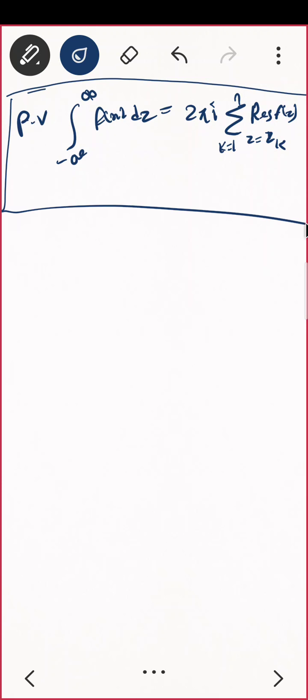That means to solve an improper integral, you just have to calculate 2 pi i into the sum of residues. Correct? So we have done everything in general for any function.